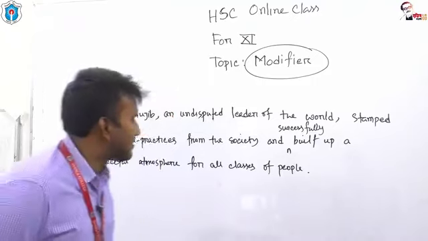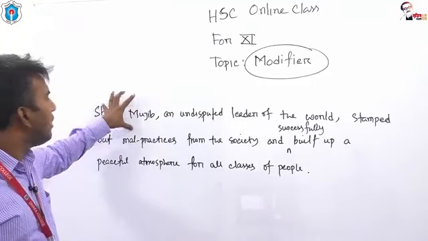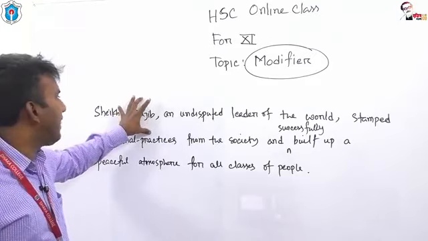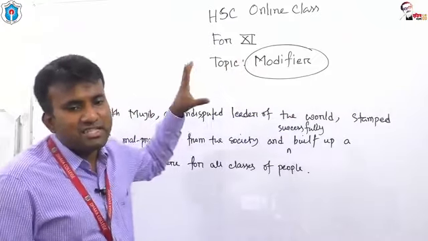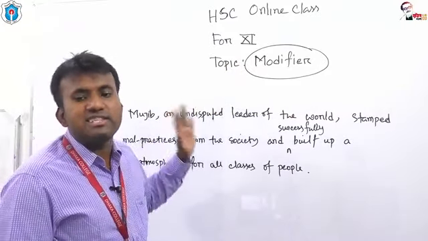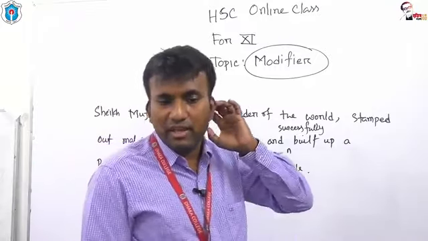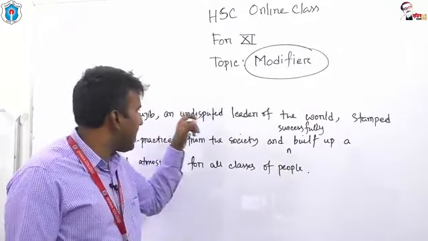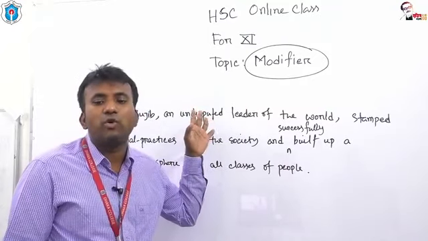Okay, look at this, my dear students. Here Sheikh Mujib is a noun, and this part is being modified by an undisputed leader of the world. This is a modifier. This is a phrase, actually a noun phrase.